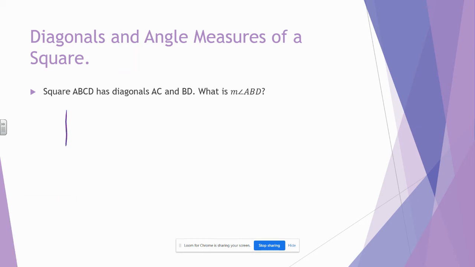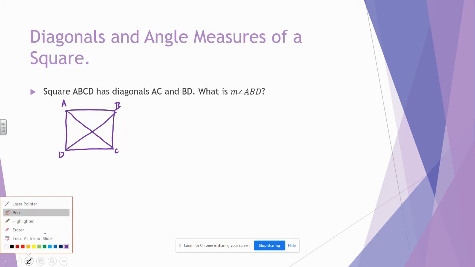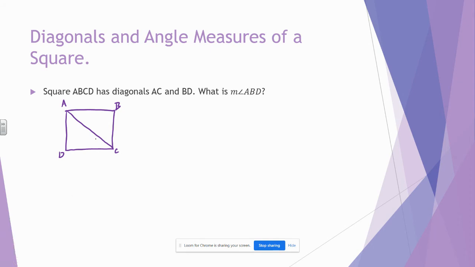All right, so we have a square ABCD, diagonals AC and BD. What is the measure of ABD? I drew this really poorly, so I'm going to do that again. We're looking for this one, and this is the angle that we're looking for.